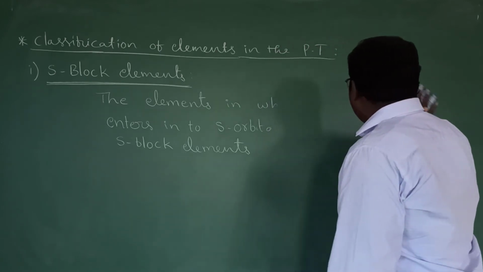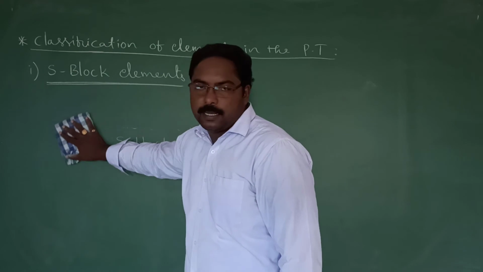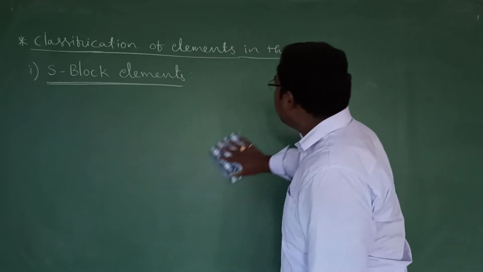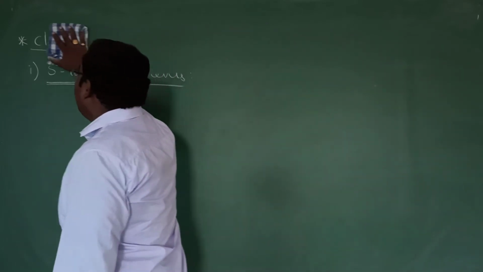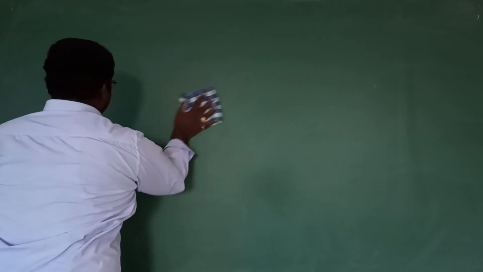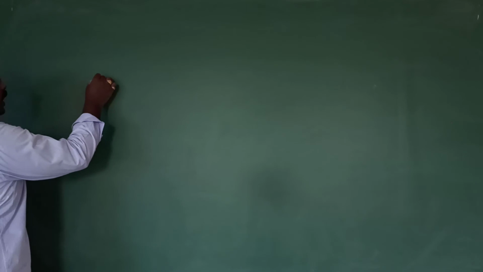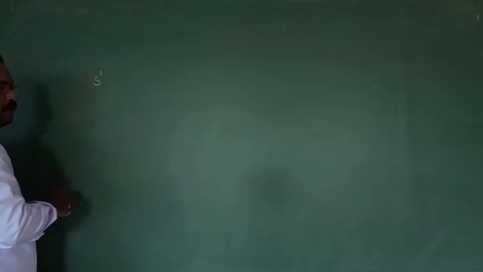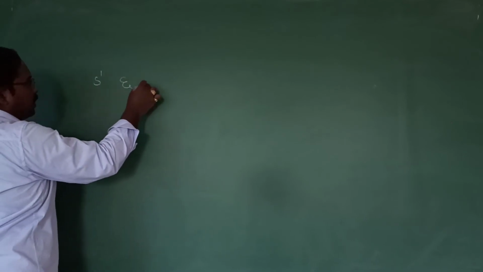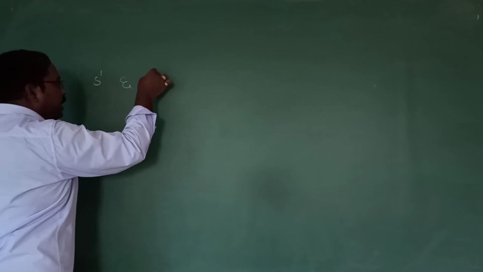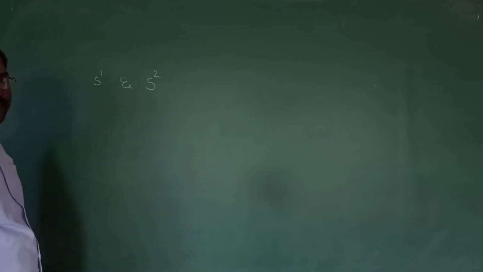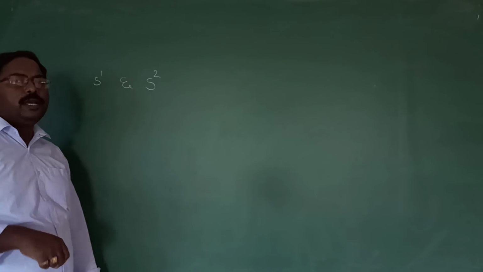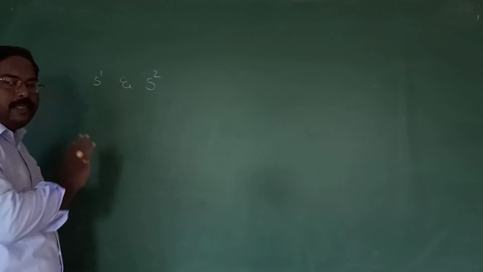An S orbital's capacity is 2 electrons, right? An S orbital can accommodate only 2 electrons. So the elements having the configuration S1 as well as the elements with configuration S2, it may be 1s2, 2s2, 4s2, 4s1, anything.